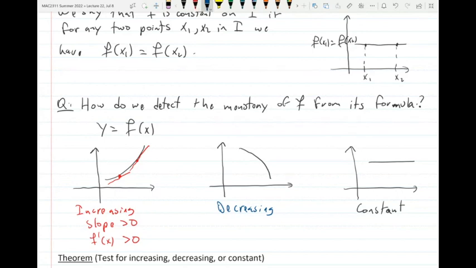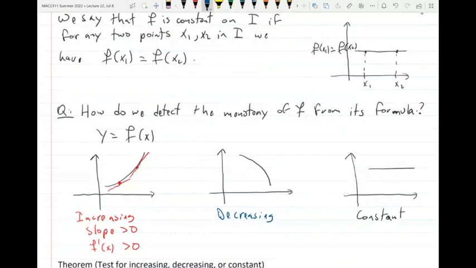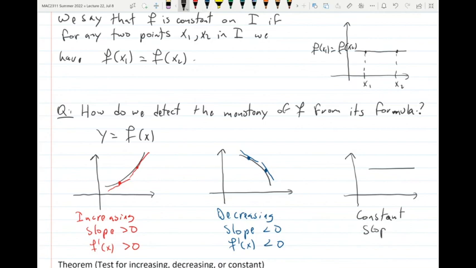Okay, similarly, for the decreasing case, if you look at any point and you look at the slope of the tangent line, it is going to be negative. So here the slope is negative, therefore the derivative is negative. And in the case of the constant, notice that the slope equals 0, right? So the derivative equals 0.